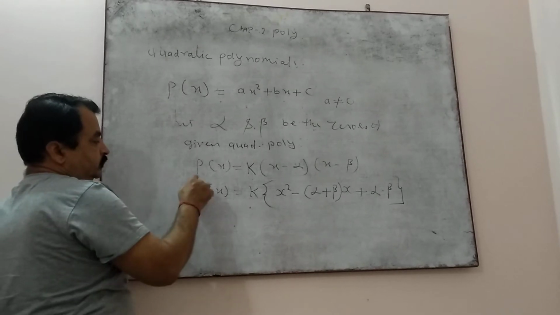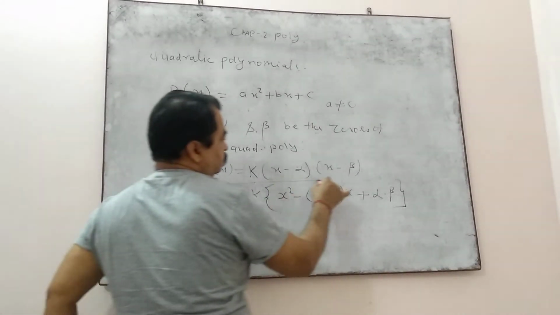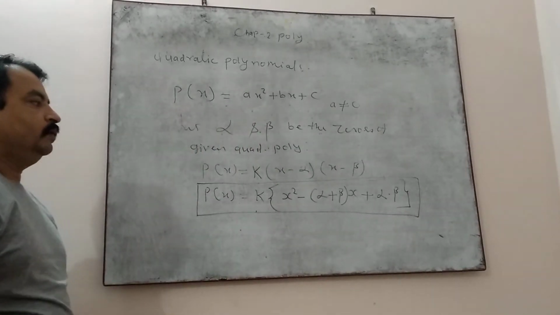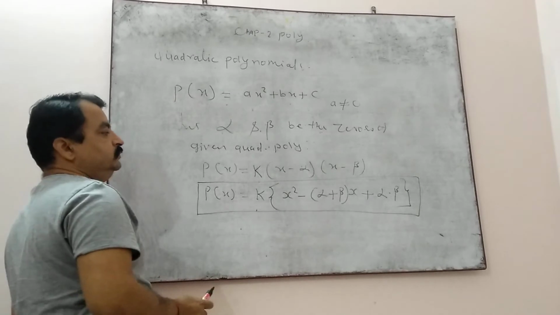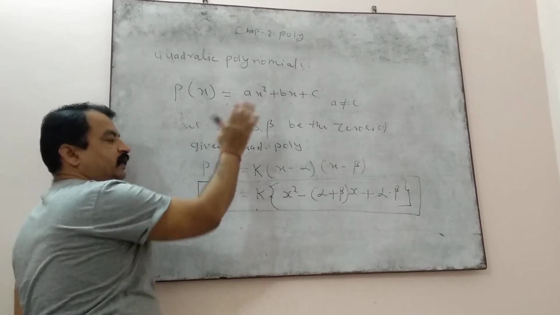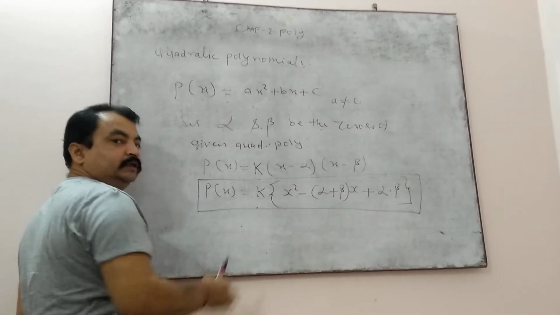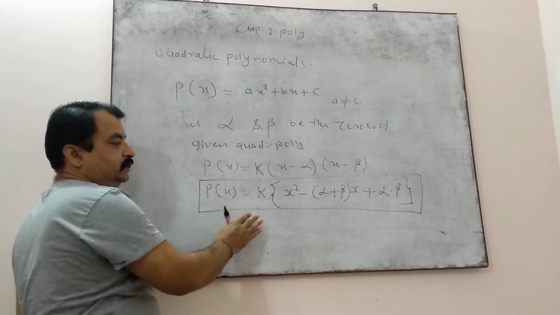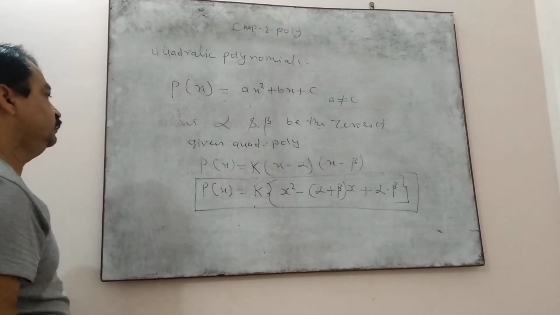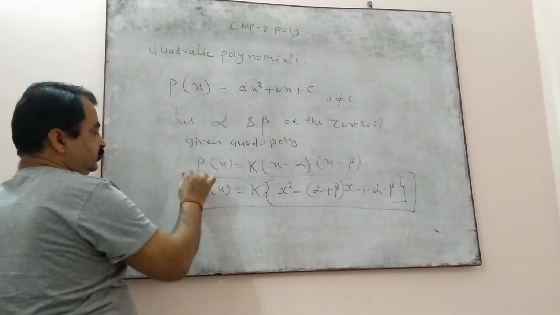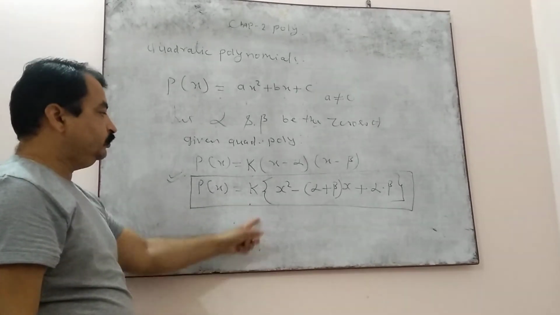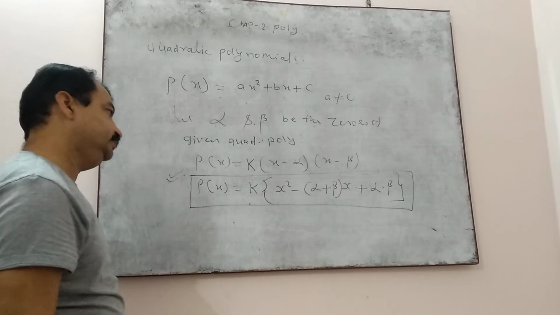So we got the formula where, if the zeros of the polynomial are given to us, suppose alpha and beta, then directly we can make the quadratic polynomial from the given zeros. Right, children? So this we have to remember to make the quadratic polynomial if the zeros are given to us. Clear?